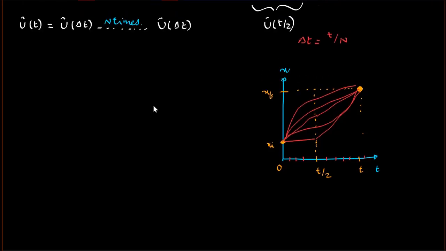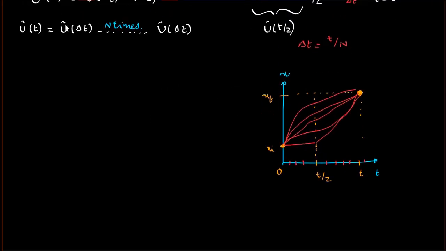Okay, so now we have our evolution operator, which can be expressed in this format. We know that if we split our time into n very small parts, then each delta t gives us the expression t by n.